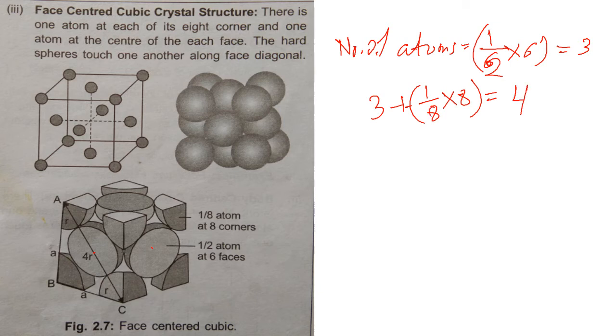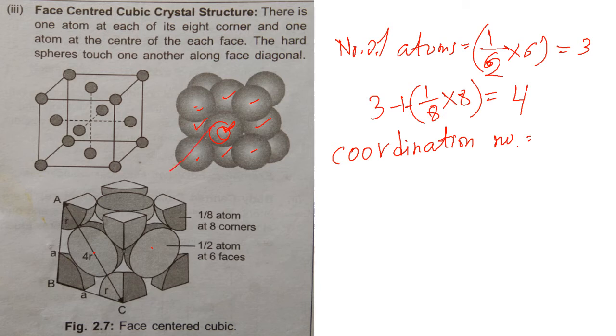Its coordination number means how many atoms are surrounding one atom. For the face centered atom, 1, 2, 3, 4, then 1, 2, 3, 4 on this plane.